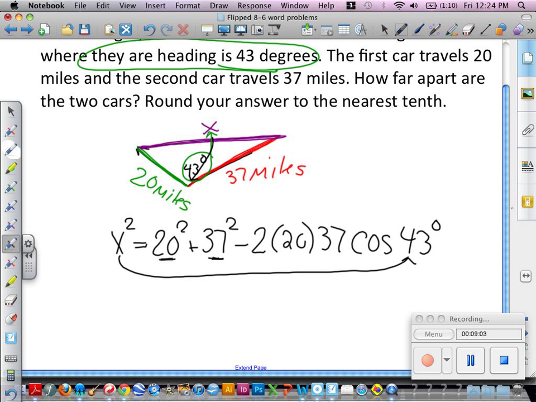Now, you can type all of this in on your calculator, people. My calculator is going to do all of the order of operations for you. X squared equals, take a minute, punch that in. I'm getting 886 point, I can't read my writing. Okay, so now at this point you need to hit the square root button.